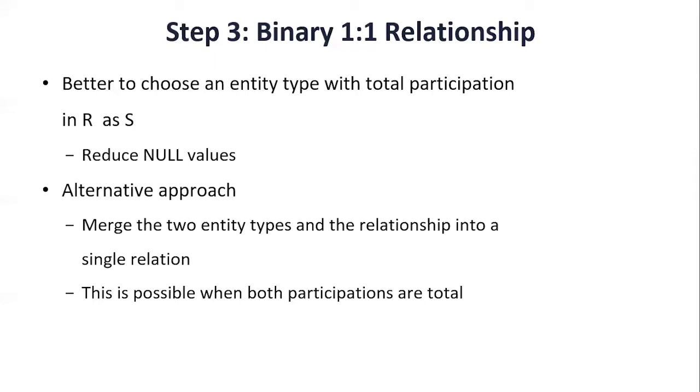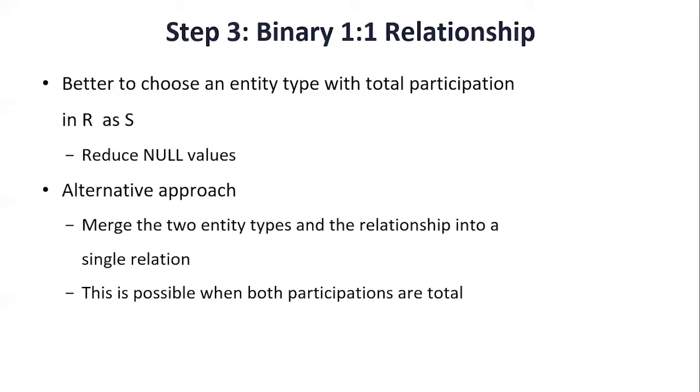Since it's a one-to-one relationship, whatever we choose will give us the same result. But as a good practice, if there's an entity set with total participation, we should try to choose that side as S. Why we want to do that is it will reduce the null values.